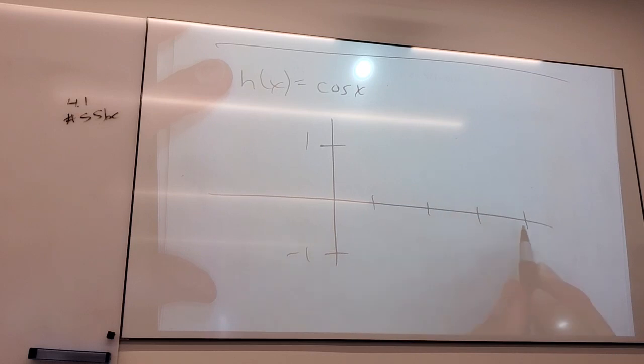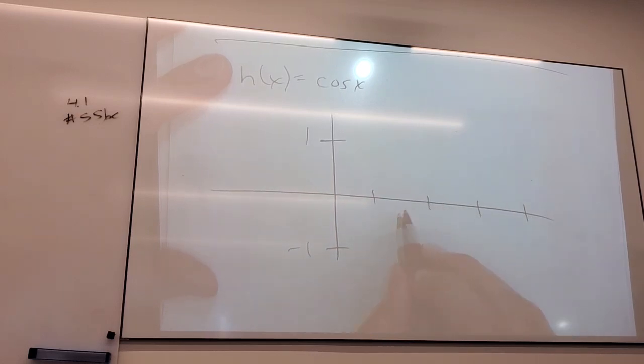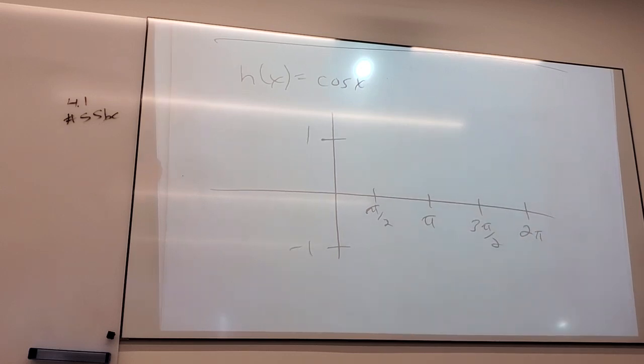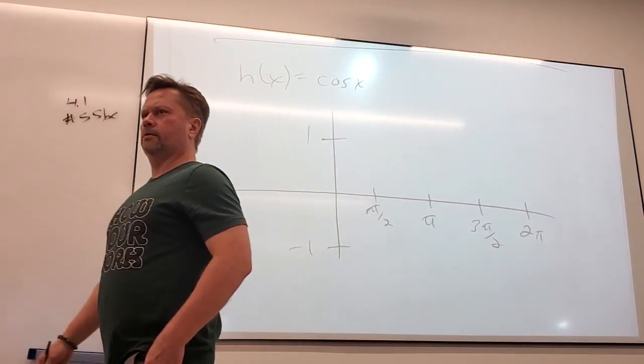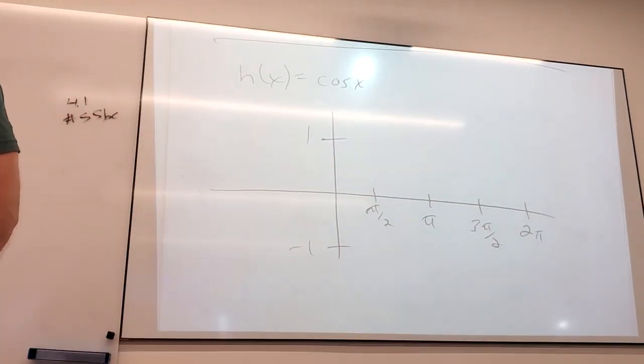What are the main 4 things here? Pi over 2, pi, 3 pi over 2, 4 pi over 2. I like it. I'm with you. Alright, so graph cosine on that scale. Don't put anything in your calculator.